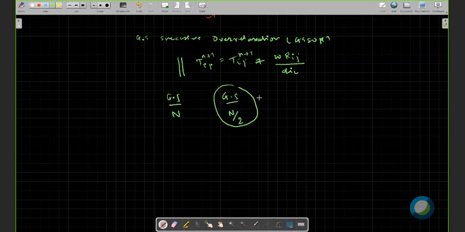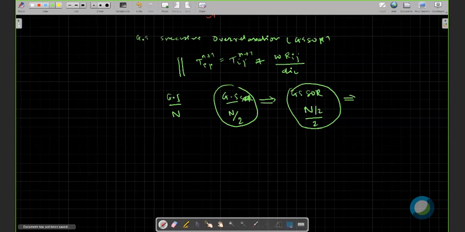That is the reason for GSSOR, and GSSOR again becomes much more efficient compared to the Gauss-Seidel method itself.